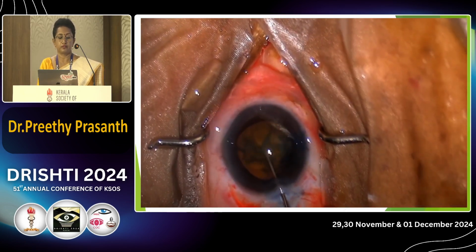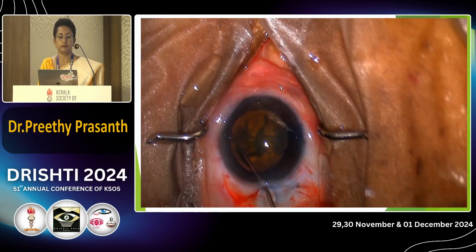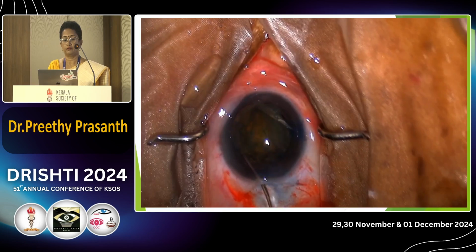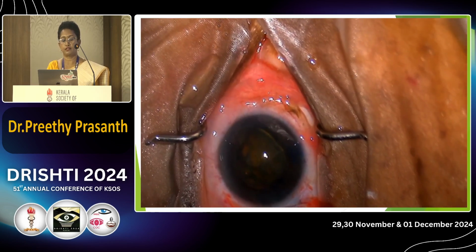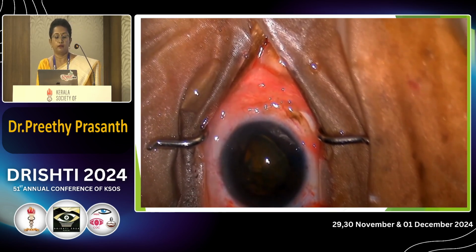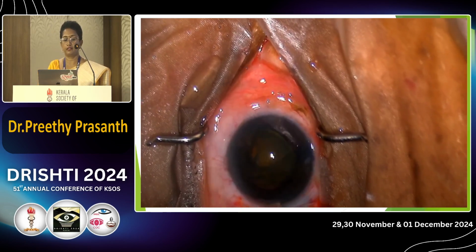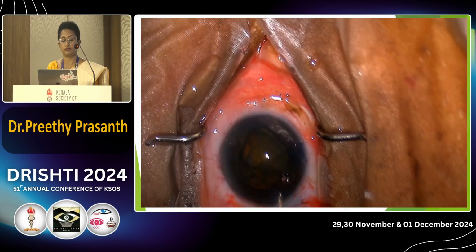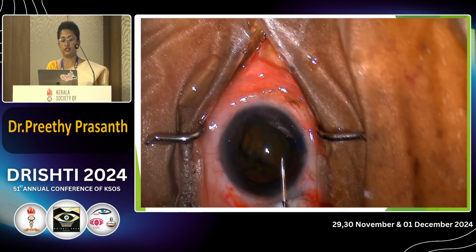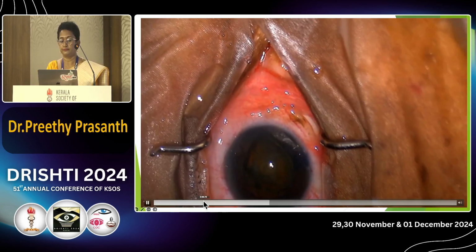This is doing hydrodissection and slightly tapping in the middle, and you can see the pole of the nucleus prolapsing. Then again you inject viscoelastics mainly above the nucleus to protect the endothelium, and also underneath to deepen the capsular bag.